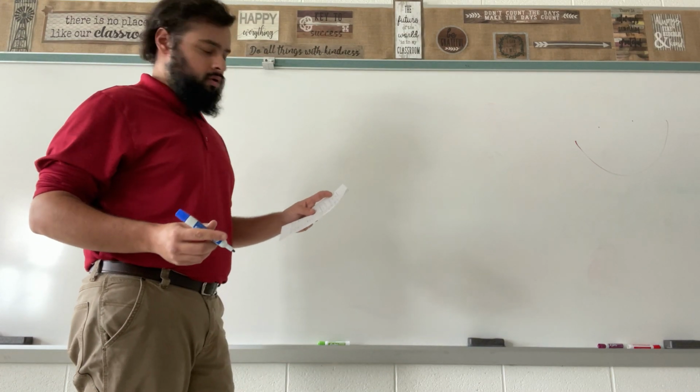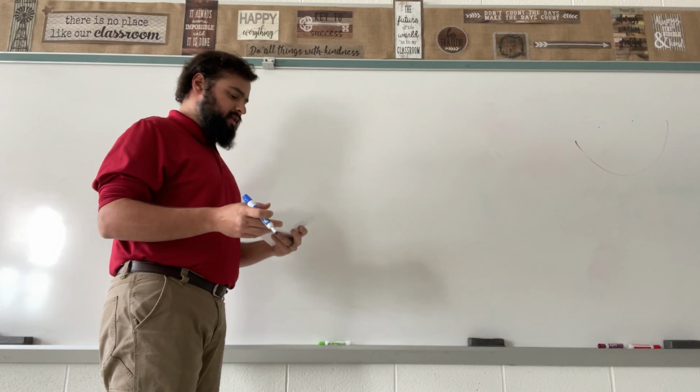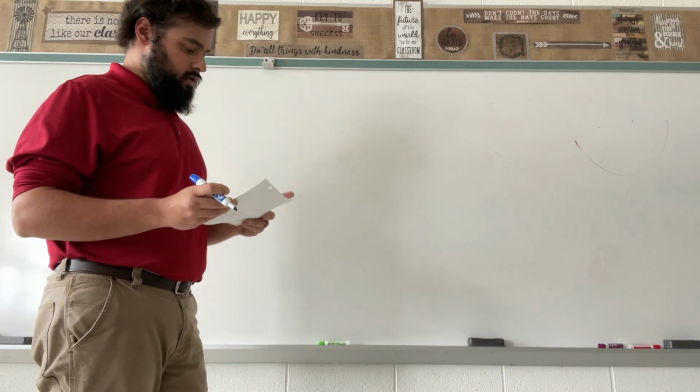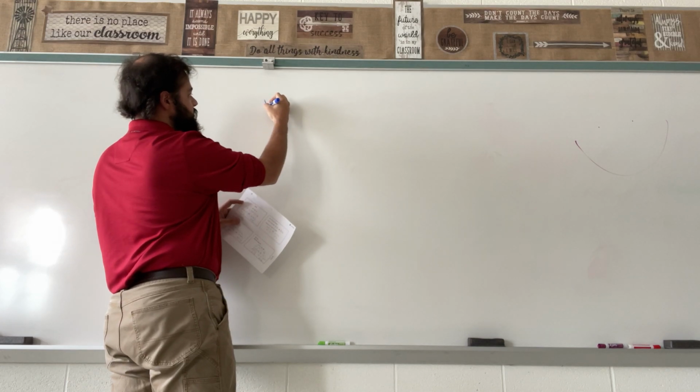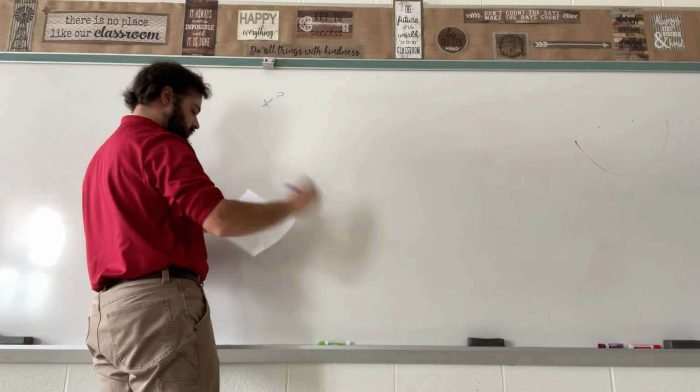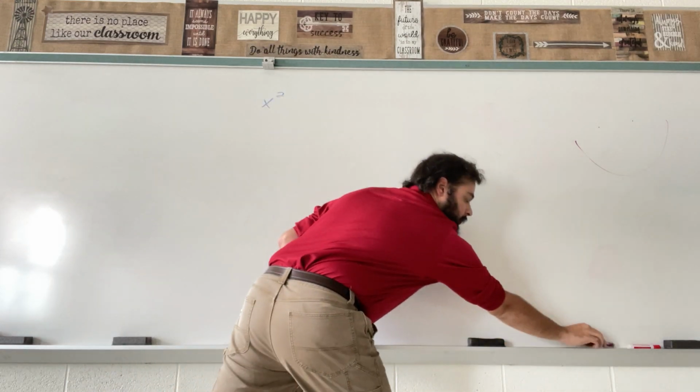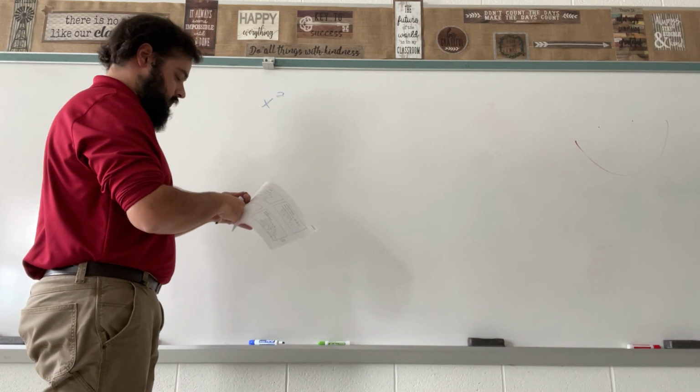All right, so we're starting today with quadratic equations. I'm going to put an example up here on the board for you. This involves more factoring like what we've been doing. Let's try another one here.